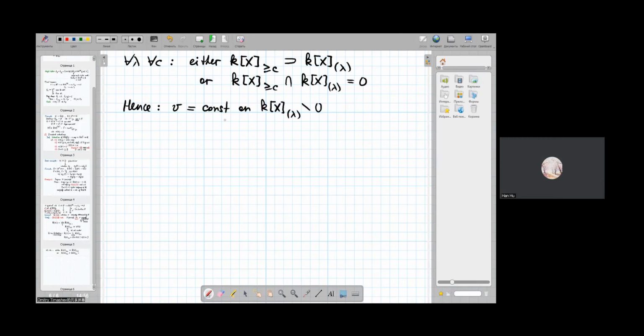So it follows from the above two lines that the G-invariant valuation V takes one and the same value on all non-zero vectors in this subspace K of X sub lambda.